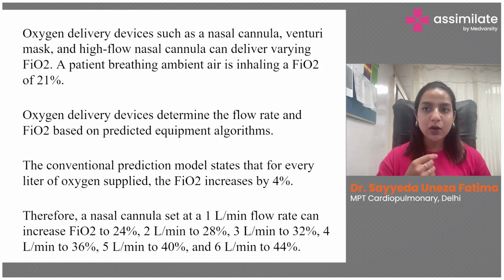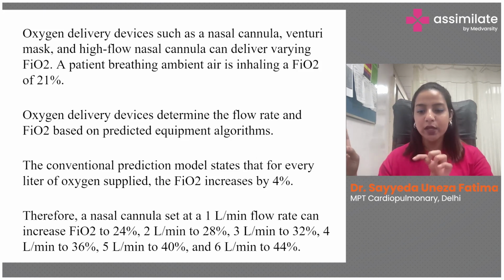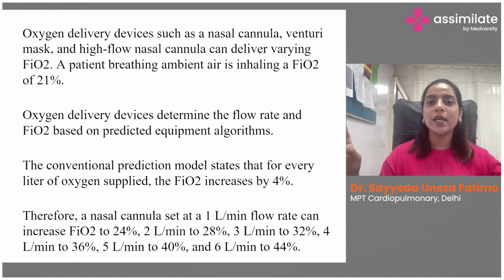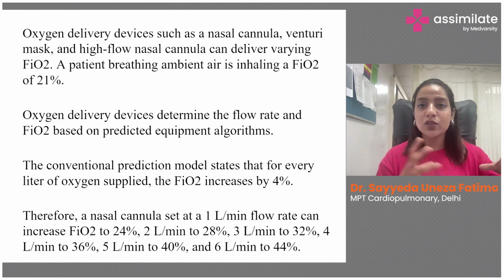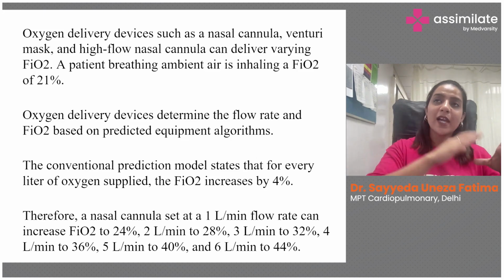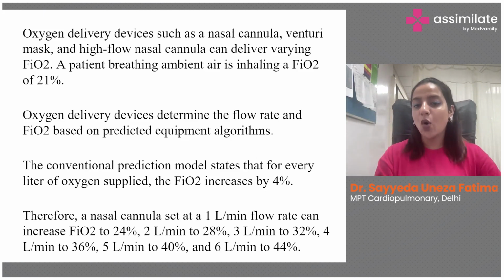But when you connect the oxygen at 1 liter, that 21 becomes 24. If you connect it to 2 liters, it will become 28%. So you are increasing the amount of oxygen in the inspired air; the percentage of oxygen increases as you increase the flow.